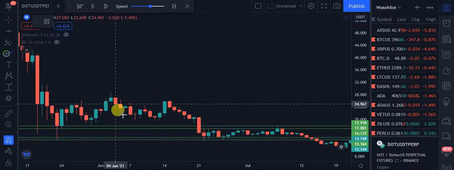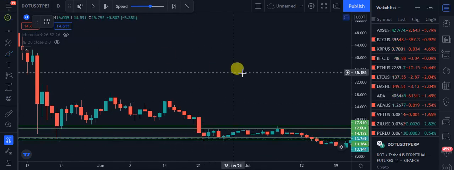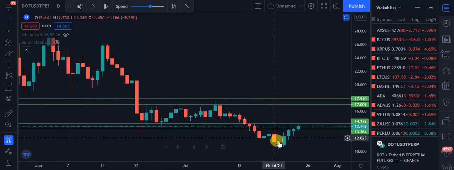If you look at this one particularly, this engulfing candle that was printed here, it was printed on the resistance zone. Do you understand? That's why it was very effective in pushing the price downward.